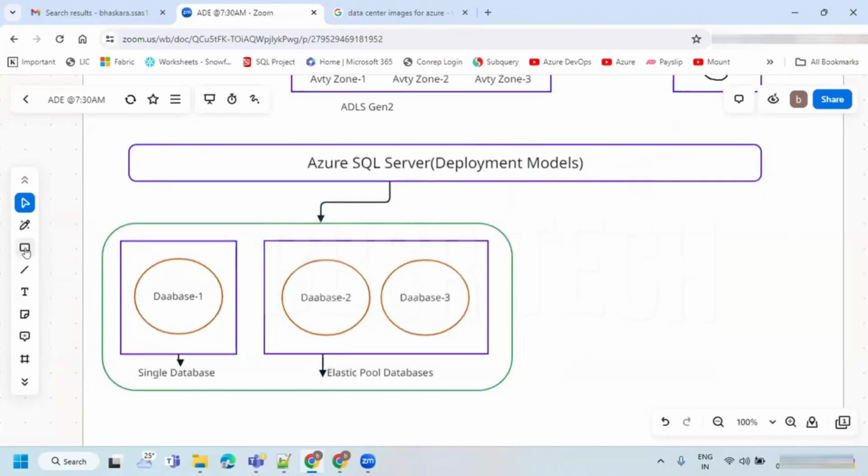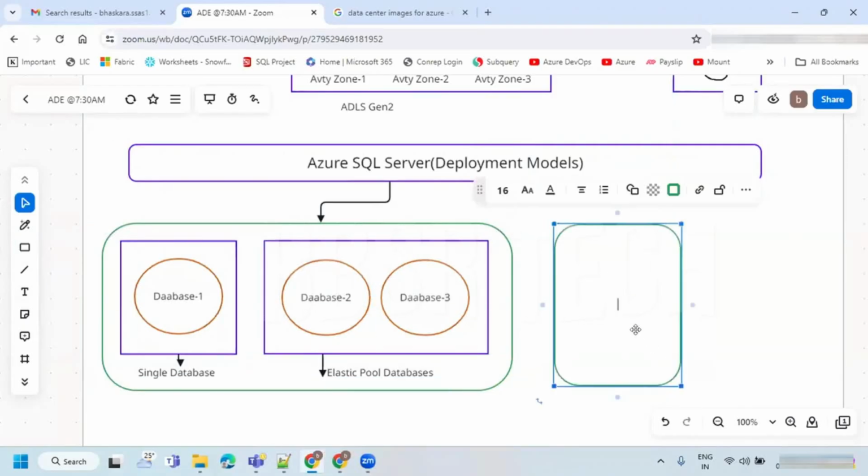Okay, so let's go here. I'm just going to take one more thing, that is managed instance.